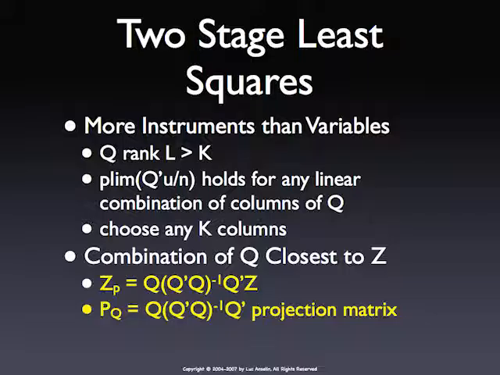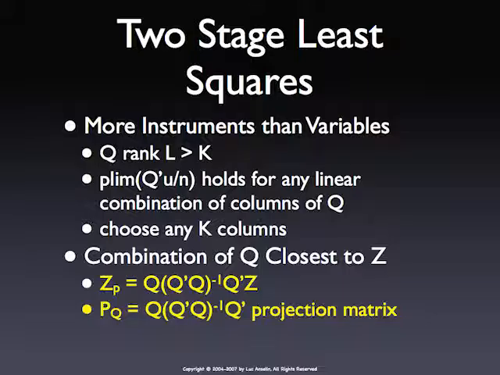And this is nothing but an extra regression. This Q prime Q inverse Q prime Z, you can think of as Z being the dependent variable and Q being the explanatory variables.